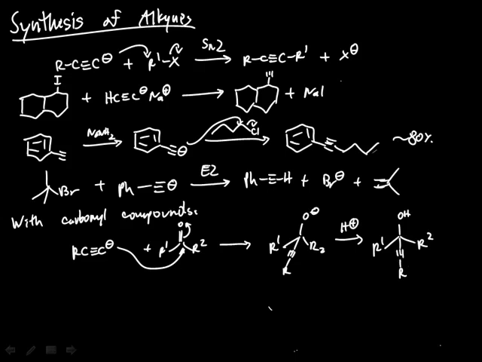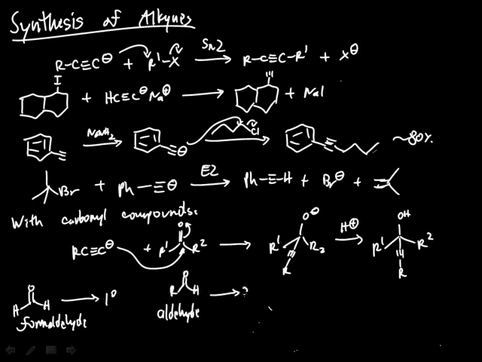And this is a very useful reaction because starting with formaldehyde, our R1 and R2 groups are hydrogen, so we'll go to primary alcohols. Then starting with aldehydes, where one of our R groups is an actual substituent, we'll go to secondary alcohols.